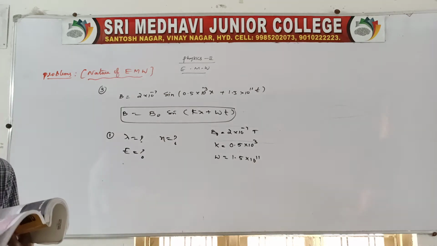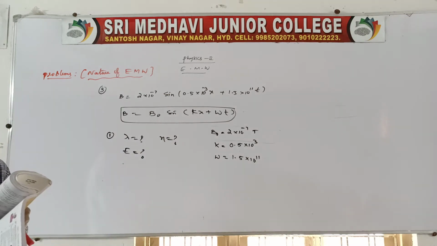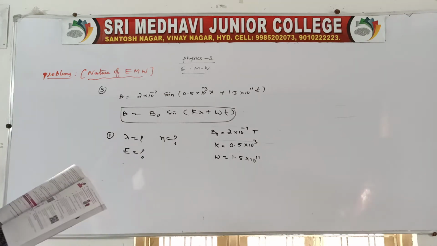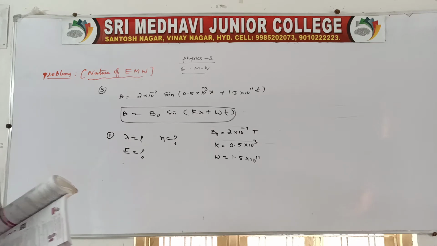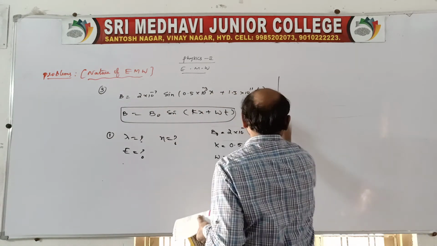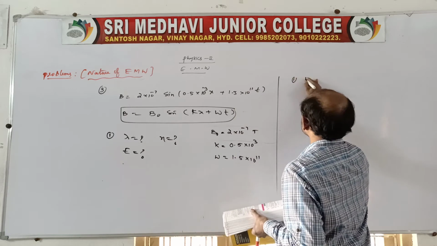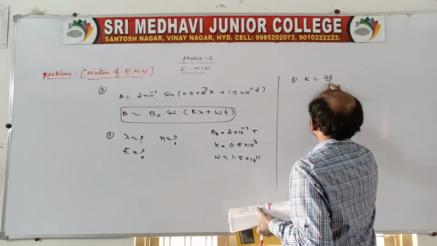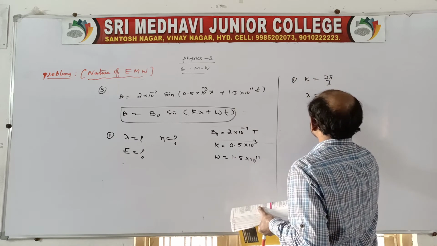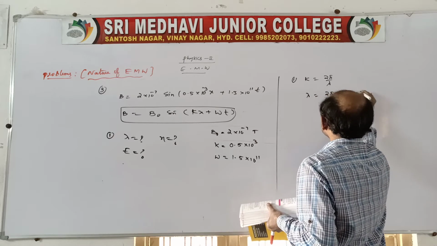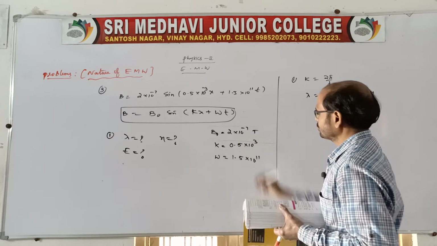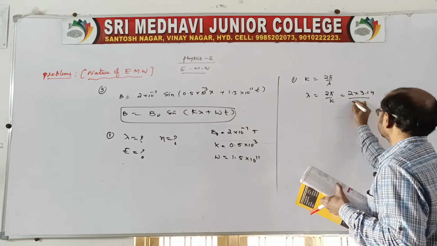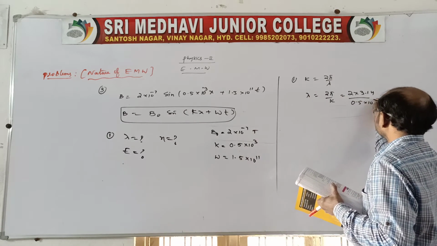This is the given data. Now, using this given data, the first thing asked is the wavelength. The propagation constant k is equal to 2 pi by lambda, so lambda is equal to 2 pi by k, which is 2 into 3.14 by 0.5 into 10 power 3.